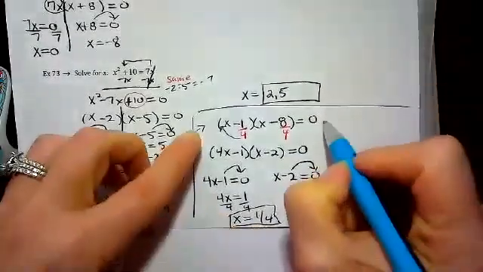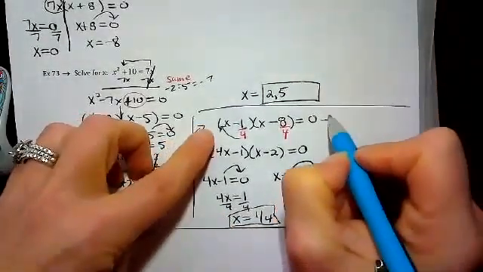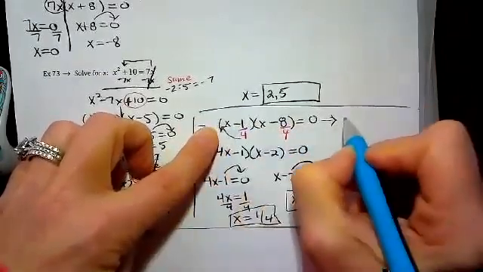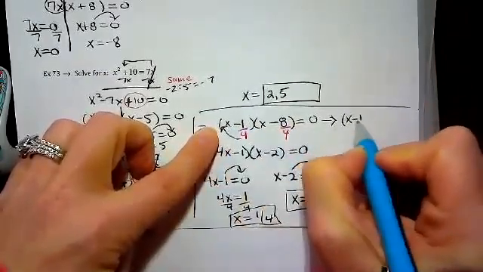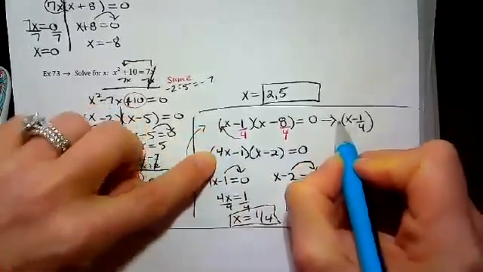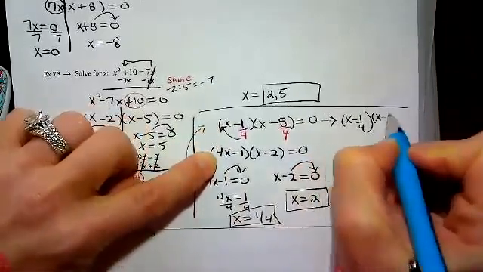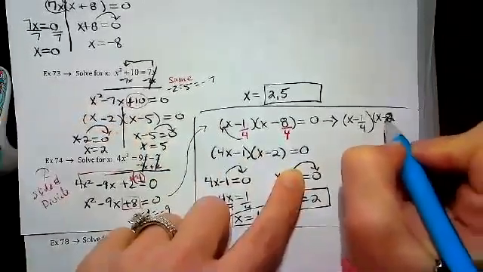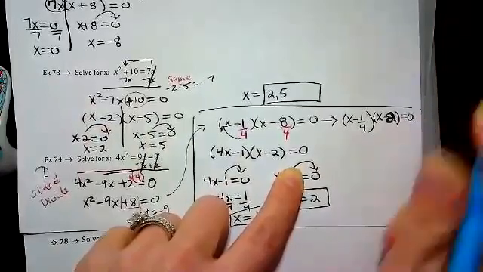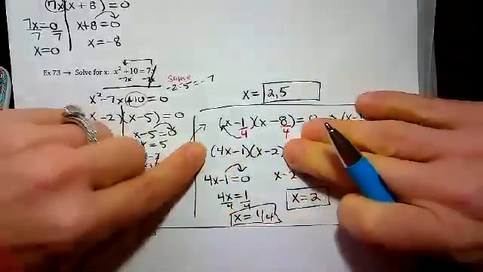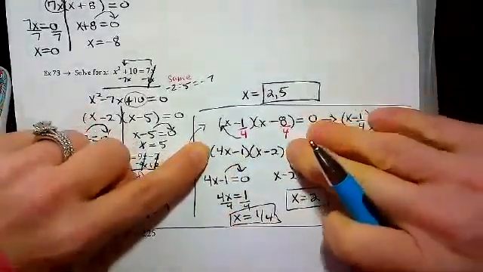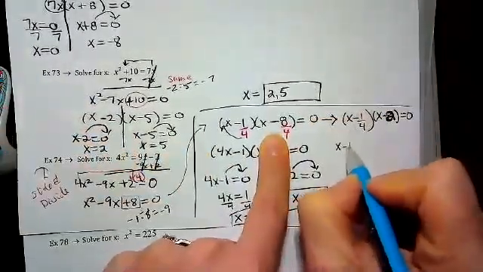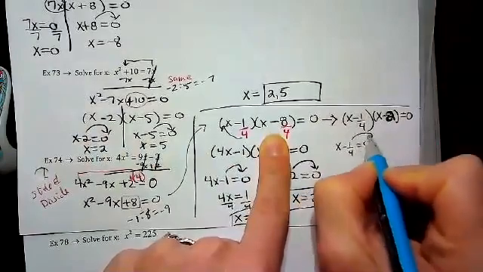Technically, I just want to point this out. When you solve this, since the whole point is to get x by itself, you don't necessarily have to pull that 4 up front. Obviously, when you're factoring, it's not where you're solving. If it wasn't an equation, we would definitely want to show it like that. But since you know you're solving for x, you could have left it in that form and said x minus 1/4 equals 0 when you move it.